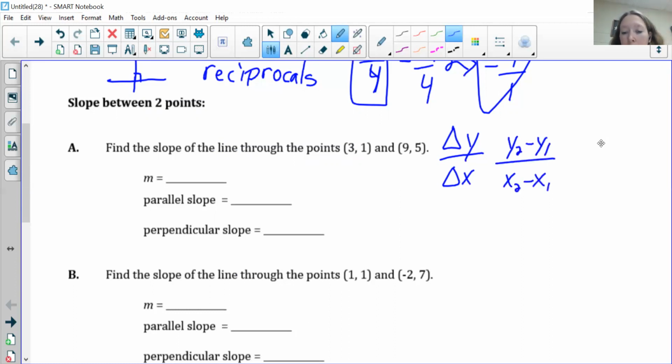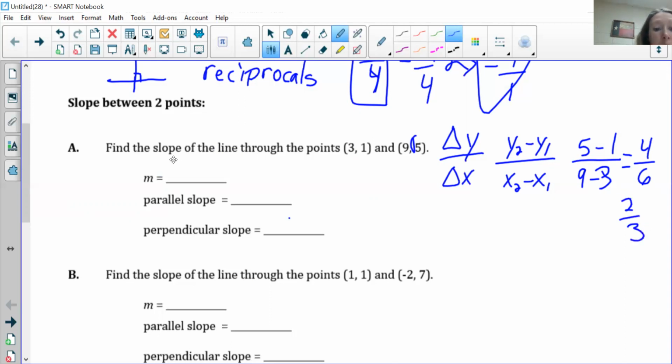Our y2 is 5 minus y1, which is 1, over x2, which is 9, minus x1, which is 3. 5 minus 1 is 4, 9 minus 3 is 6. So my slope is 4/6, but I want this in the most reduced form possible, so I'm going to reduce it to 2/3. So m, which means slope, is 2/3.